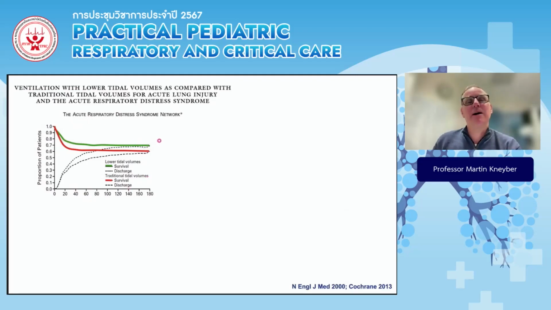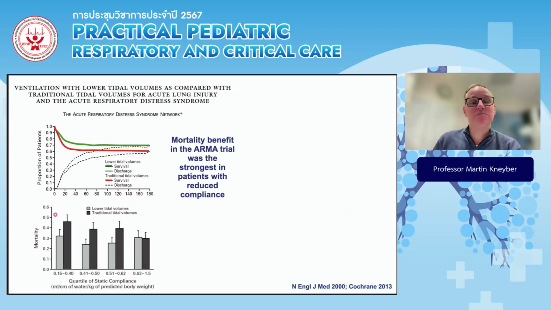Adults with ARDS randomized to 6 ml per kg versus 12 ml per kg, which was at the time considered to be a normal tidal volume, and there was a strong mortality benefit in those randomized to low tidal volume. But the interesting thing is that this was mainly among those with a low static compliance. So those with sick lungs, stiffer lungs, had the most benefit of a low tidal volume strategy.